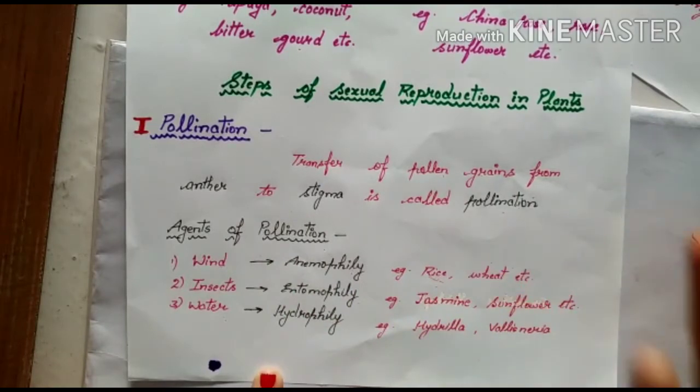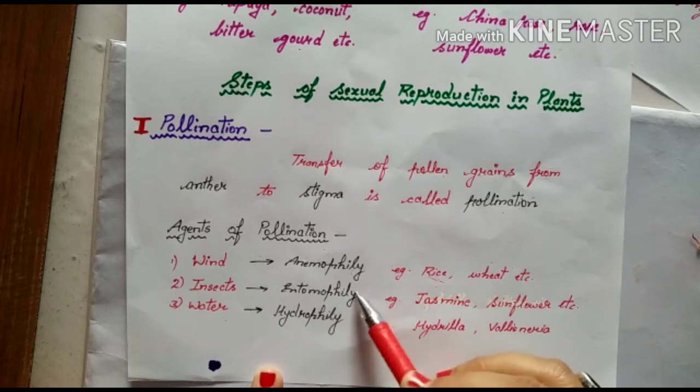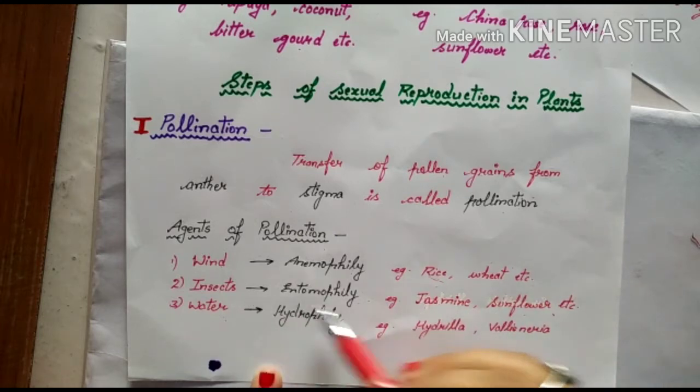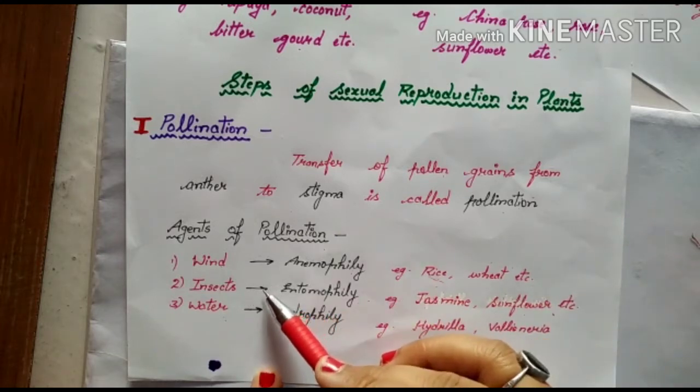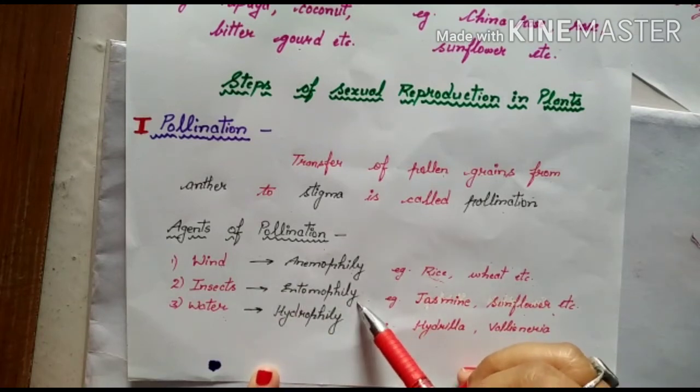If insects transfer the pollen grains from anther to stigma, then that type of pollination is called entomophily, and it occurs in flowers like jasmine, sunflower, etc. These flowers are attractive and big in size, so insects are attracted towards them. So this pollination which is caused by insects is called entomophily.